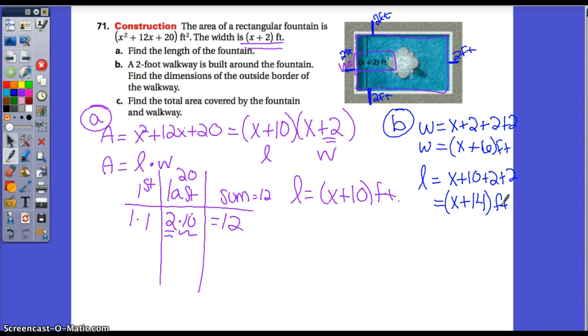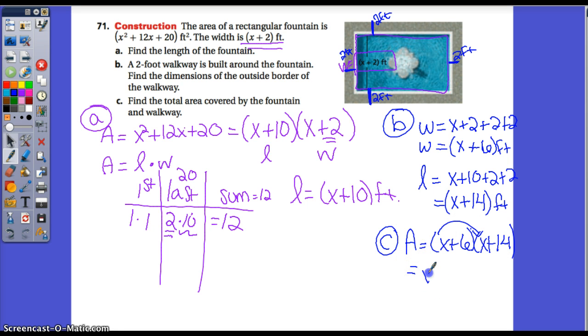Then it says find the total area covered by the fountain and the walkway. So for the fountain and the walkway, if we find the area covered, we have our new length and our new width. So part C, it's going to be just your x plus 6 times x plus 14. But if we simplify it, we need to do our distribution.